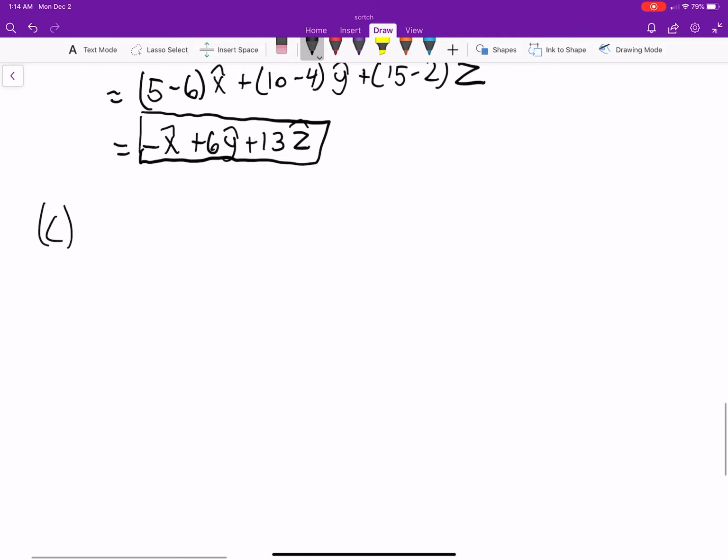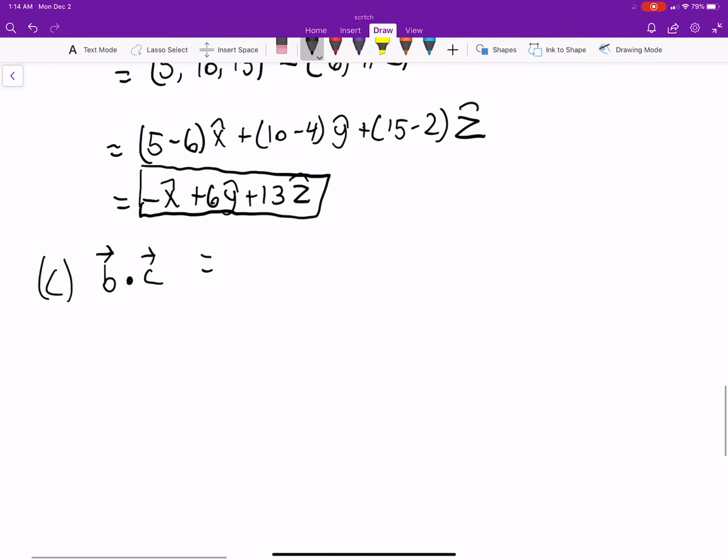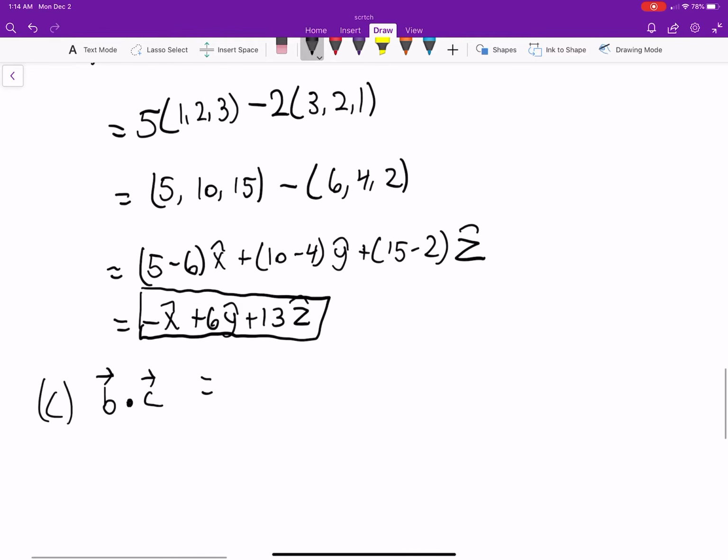C asks us to compute the dot product. So all we do here is we just take our like components.